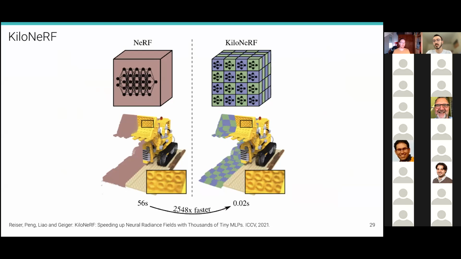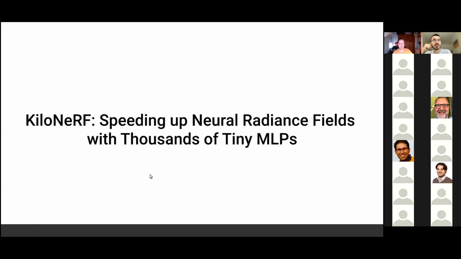You get even a little bit better quality, and you can do things like empty space skipping and early ray termination to, overall, with all of these three components added, gain more than 3 orders of magnitude speed up. So you can render this now in real time.